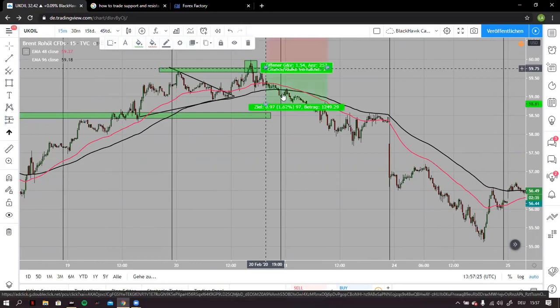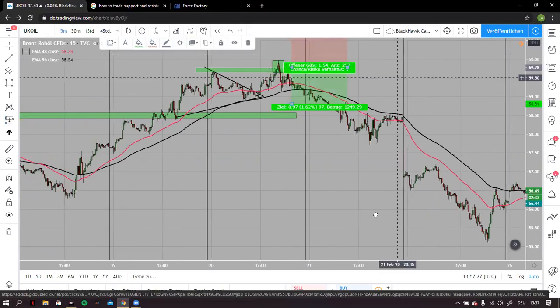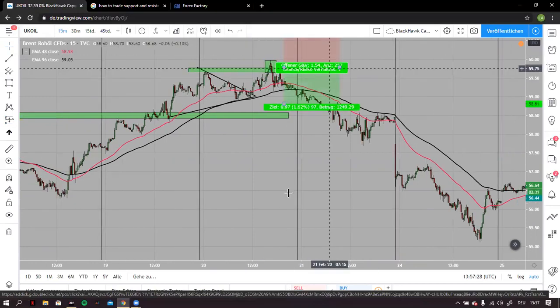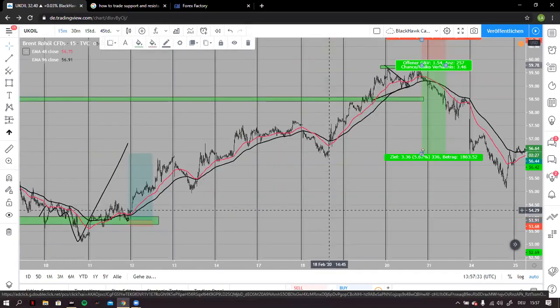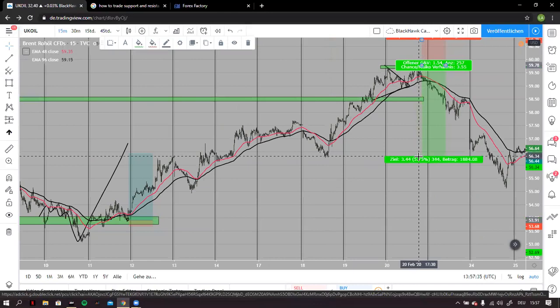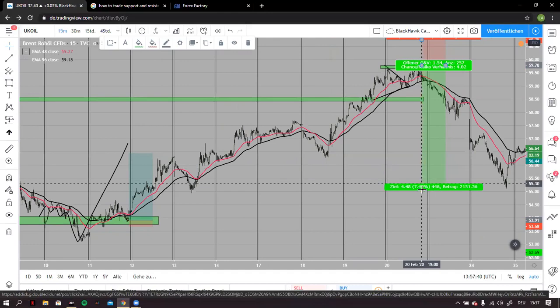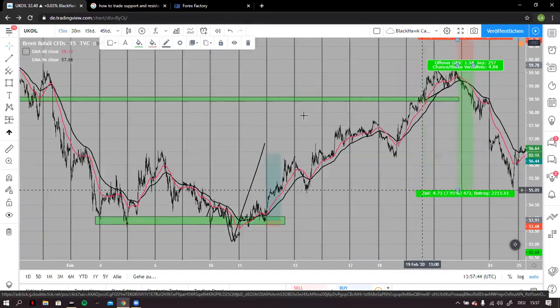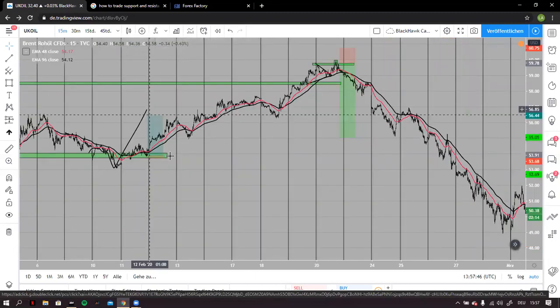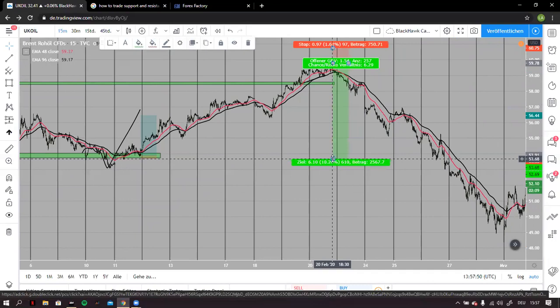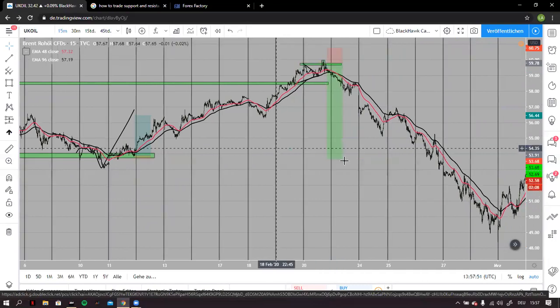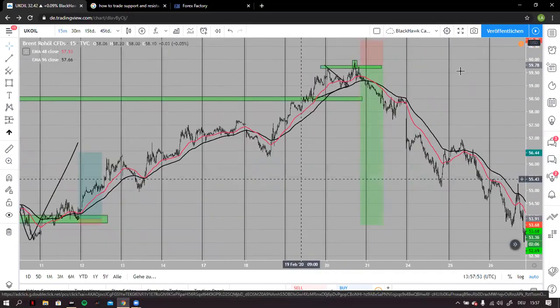Let's say entry here. Keep it slow. This one would be a take profit zone for us. This one as well. And this one here as well. So until this zone, I would definitely sell.